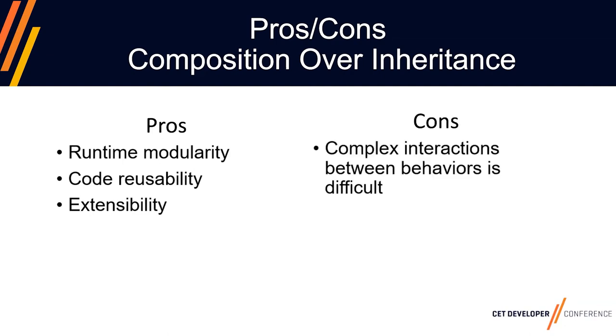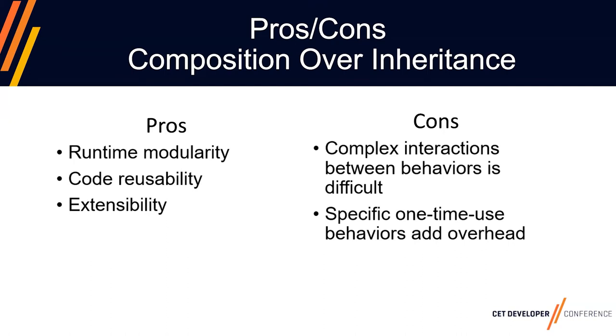Some of the major cons with composition over inheritance is that these complex interactions between these behaviors end up being very difficult. So if you end up trying to develop in a situation where the shape of your surface is dependent upon the material of your surface or the domain of materials on your surface, trying to get these behaviors to communicate with each other can end up leading to a lot of weird spaghetti code and kludgy code.